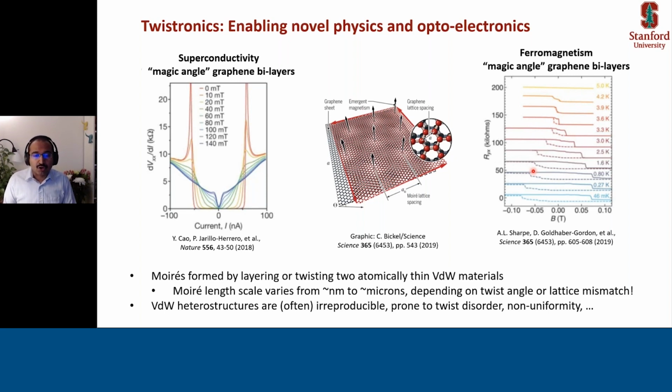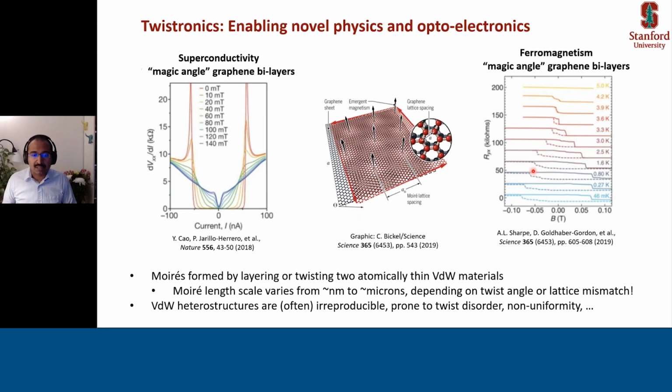And no one technique is perfect for them. So if you want to image a moire that is just a few nanometers, you cannot operate with something like an optical technique where your minimum resolution may be limited to a few microns of area, simply because the moire wavelength may vary significantly within that area.